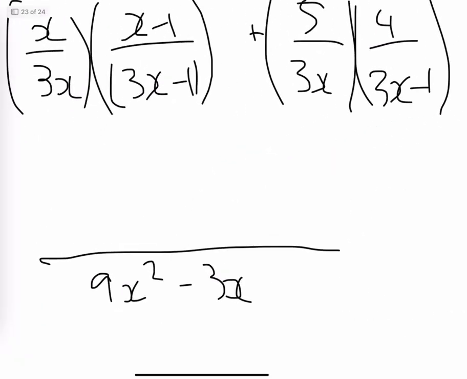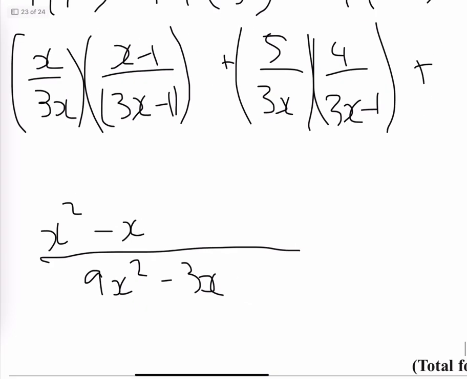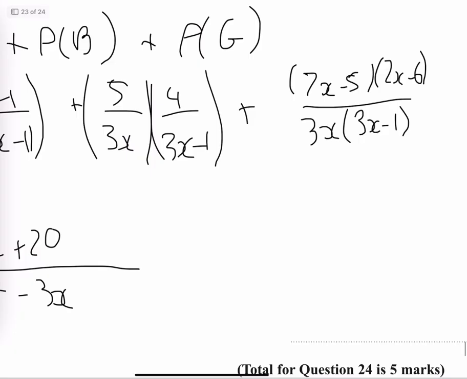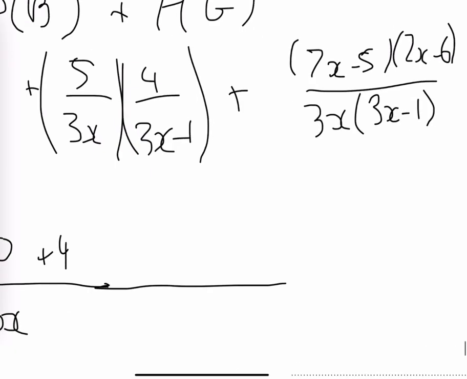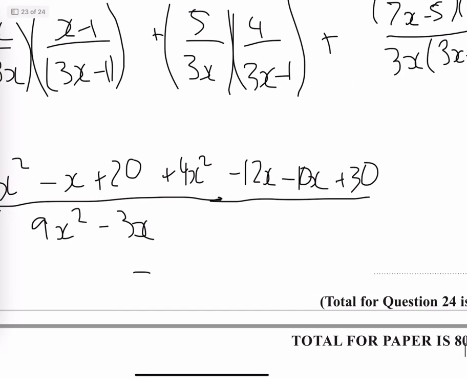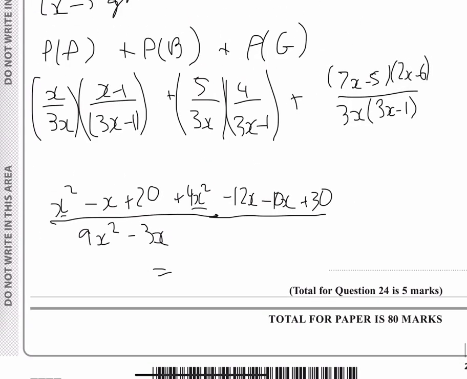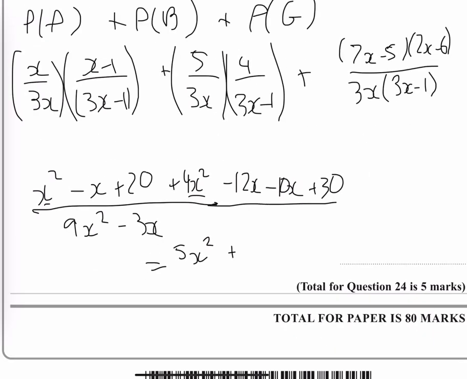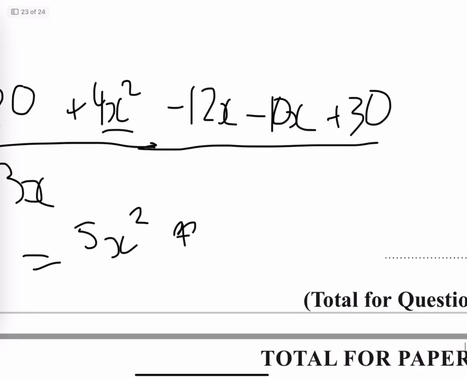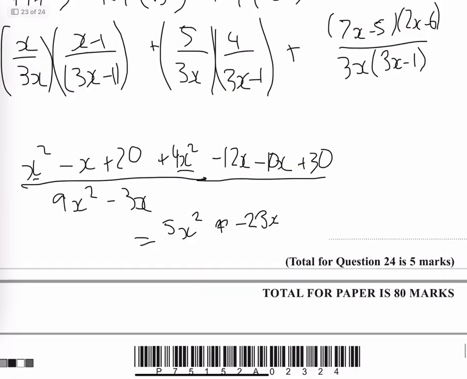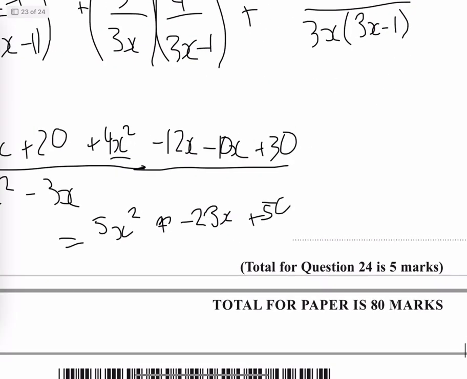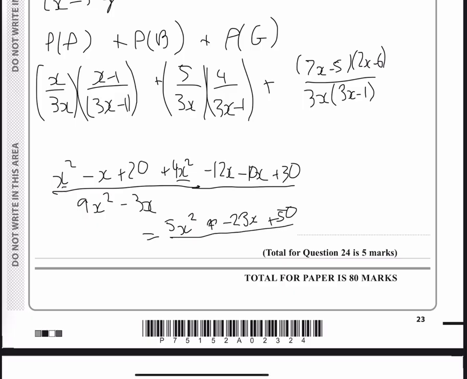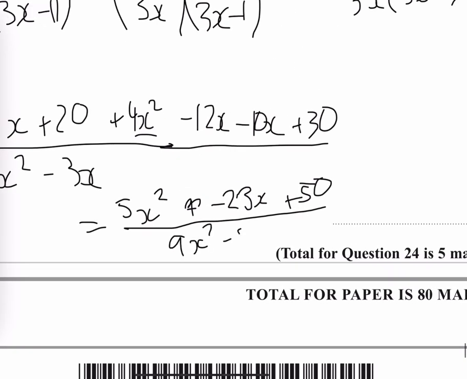So then this will give me x squared minus x plus 20 plus whatever this double bracket comes out to, plus 4x squared minus 12x minus 10x plus 30, and then we simplify that to collect our like terms. 5x squared plus minus x, that's a lot of minuses, minus 23x plus 50 over 9x squared minus 3x, and we're done.